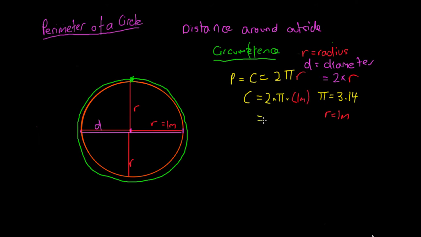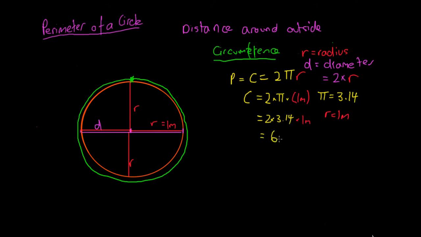So 2 times 3.14 because pi is 3.14, then we multiply it by 1 meter. Because the radius is equal to 1, it's not going to have any effect. So 2 times 3.14 times 1 is just 2 times 3.14.